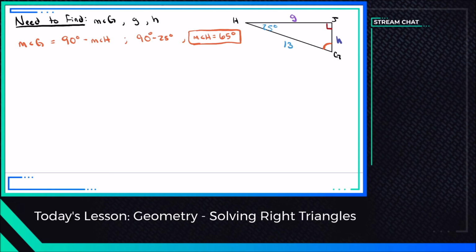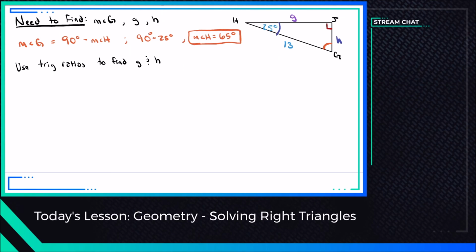And then we can use trig ratios to find G and H. It doesn't matter which one we start with. We can go ahead and start with H. So if we look at H and go to the angle that is across from H, that's going to be this angle right here of 25 degrees.